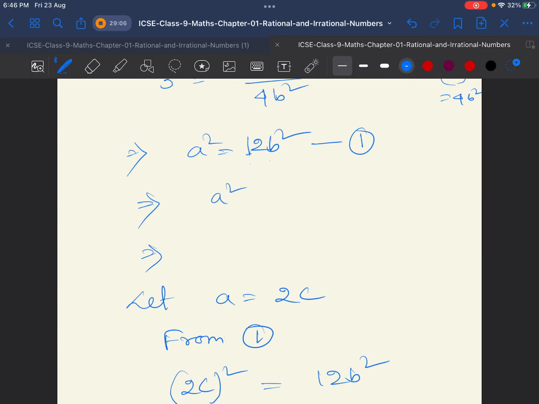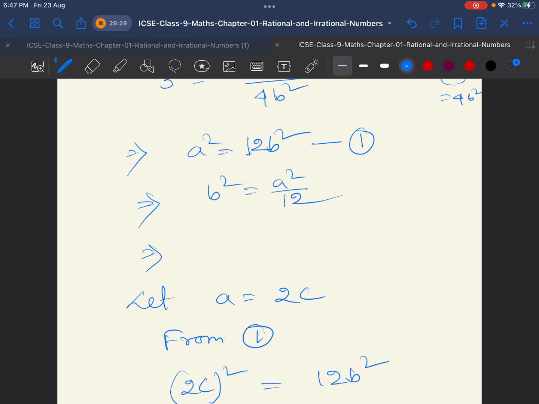Okay, so here you see a square, so we can write here this one, b square equals a square by 12.